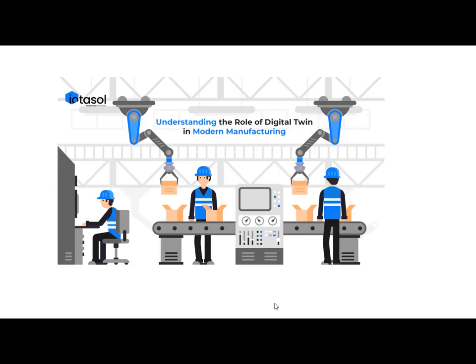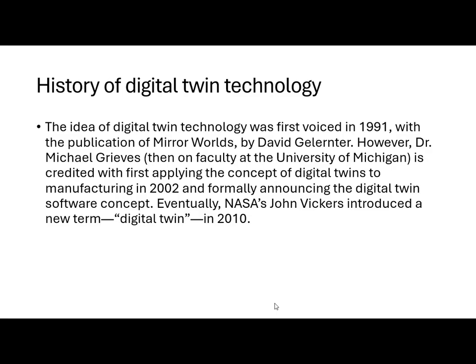Here is a more elaborate example of a process. Understanding the role of digital twin in modern manufacturing, you can find a lot of elements and a lot of assets inside.